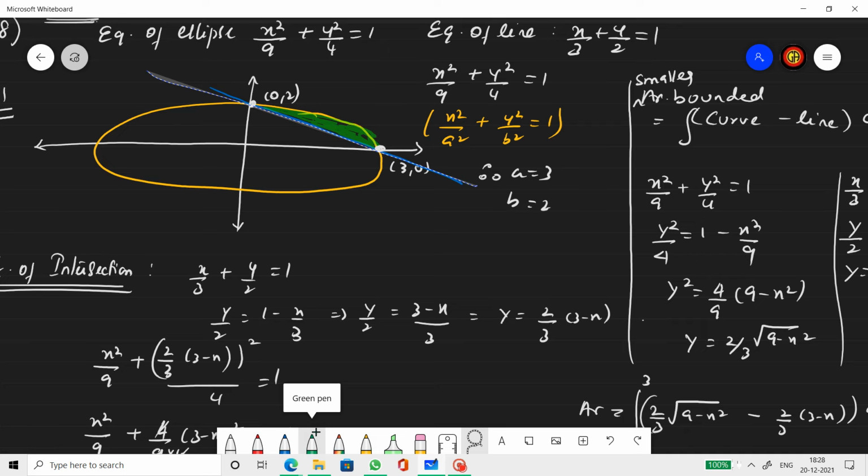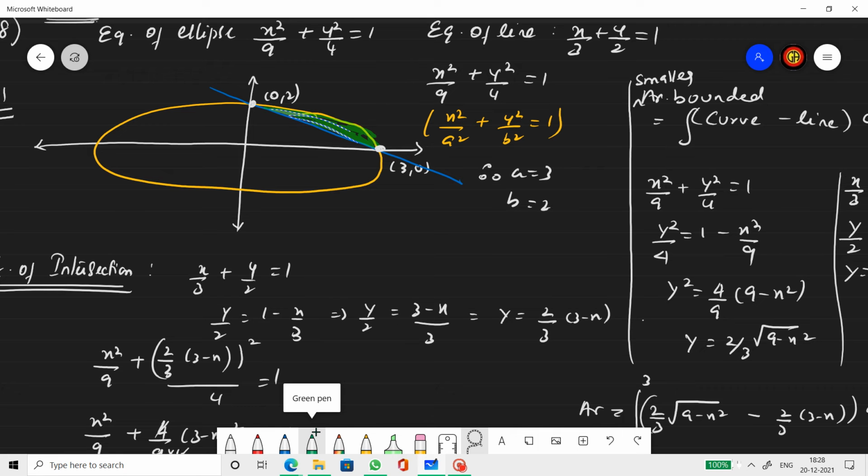Now the question is, find the area bounded by the line and the ellipse, but the smaller region. Imagine if the question did not say smaller region, then the region would have been the whole of this. If they didn't specify smaller region, then we would have to find this area. But it is specified in the question that the area bounded by the line and the curve is the smaller part of it.